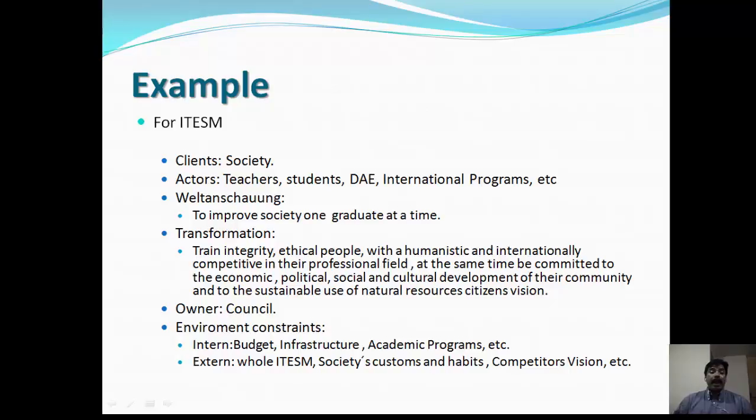We have many universities all around Mexico, and we can choose to see those universities as our direct competitors or as our partners in this way to improve society one graduate at a time. But that's the way I see this system.